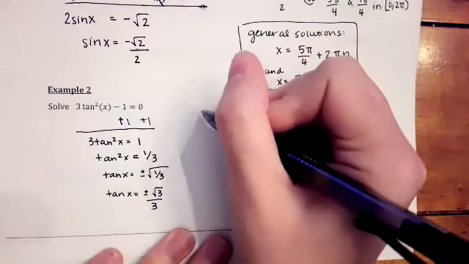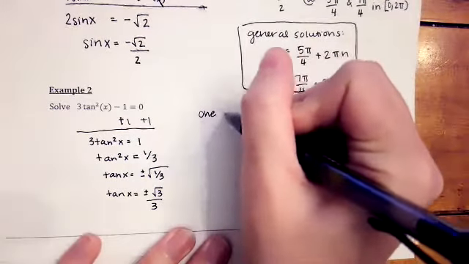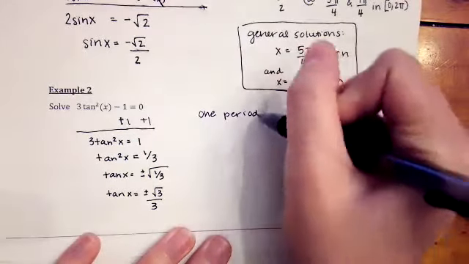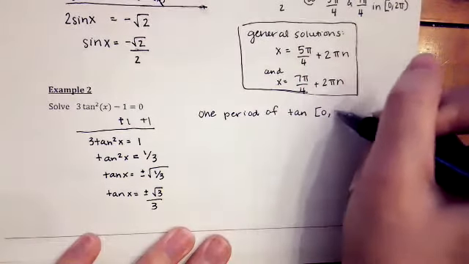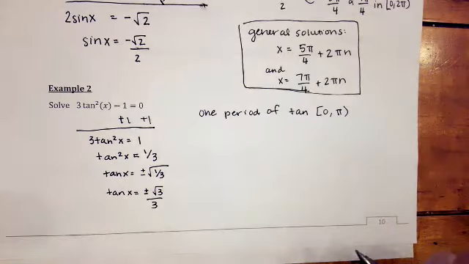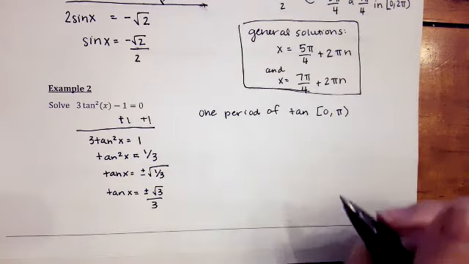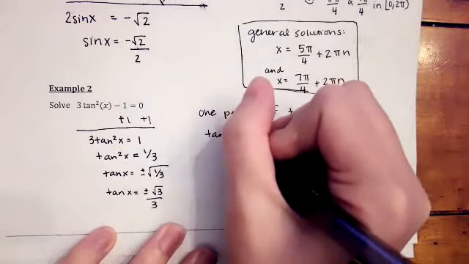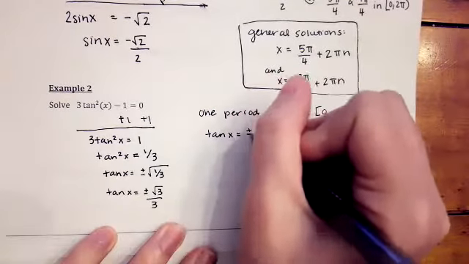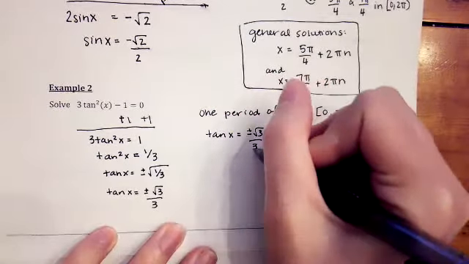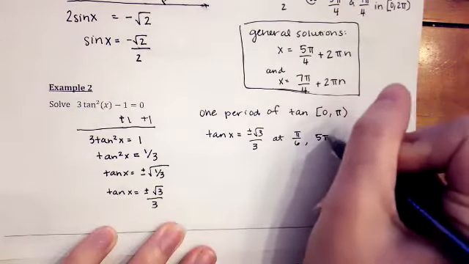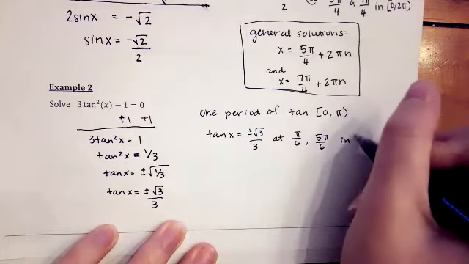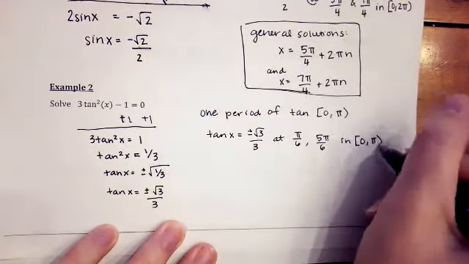Okay. One period of tangent is from 0 to pi. If we need to refresh periods, that was in chapter 2 or unit 2. We know that tangent x is equal to plus or minus radical 3 over 3 at pi over 6 and 5 pi over 6 on our one period of tangent.